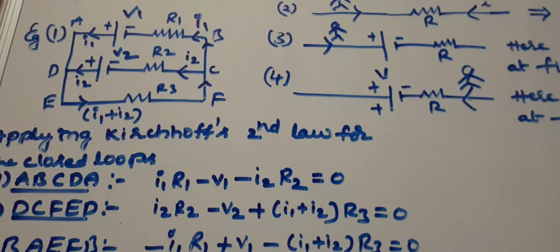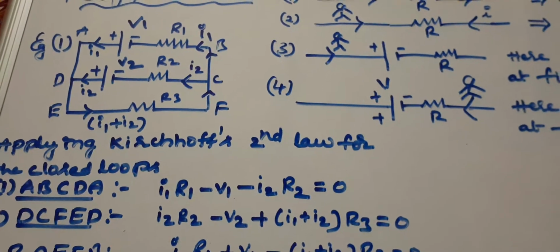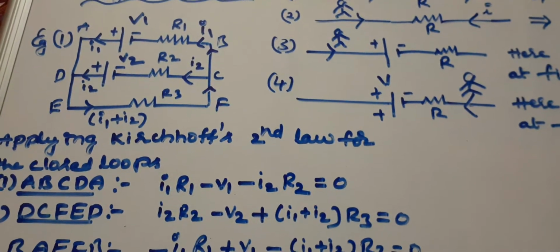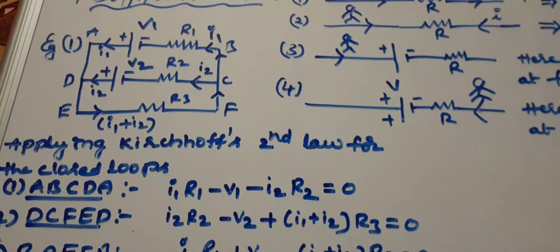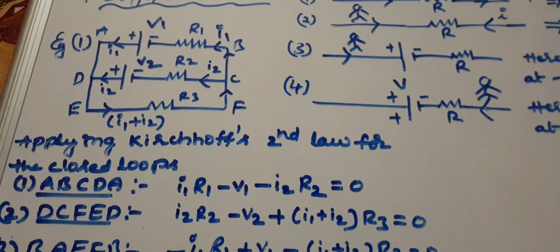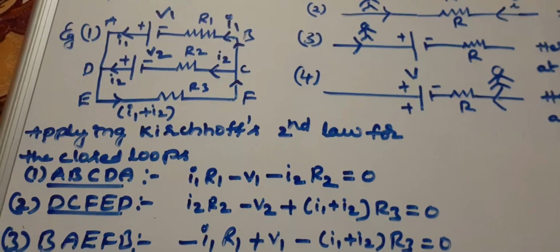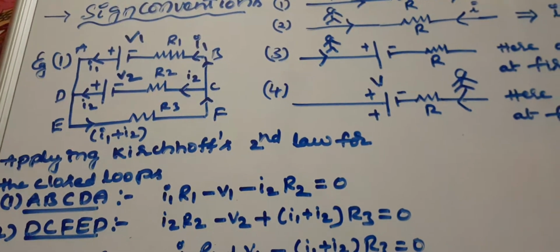Then D to A is equal to 0. So the algebraic sum of products of currents and resistances and also EMFs of the cells in the closed circuit is equal to 0.